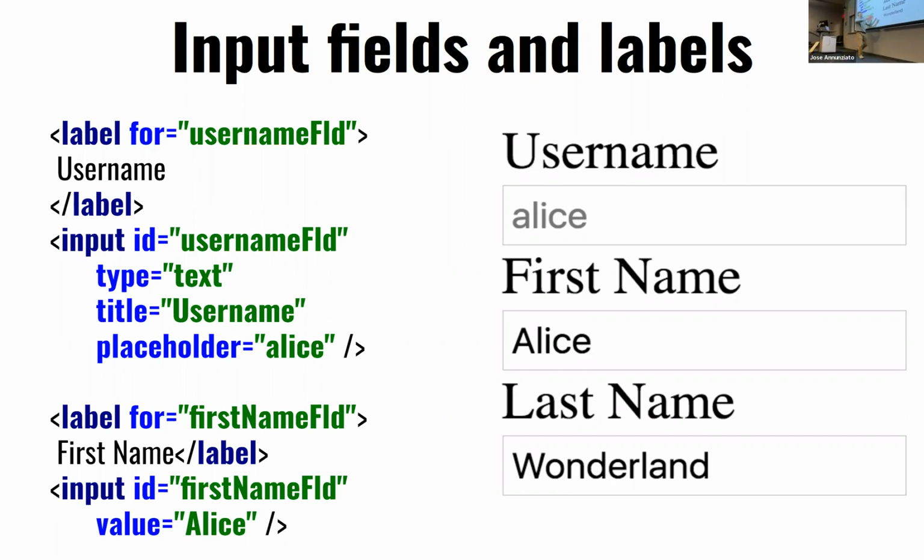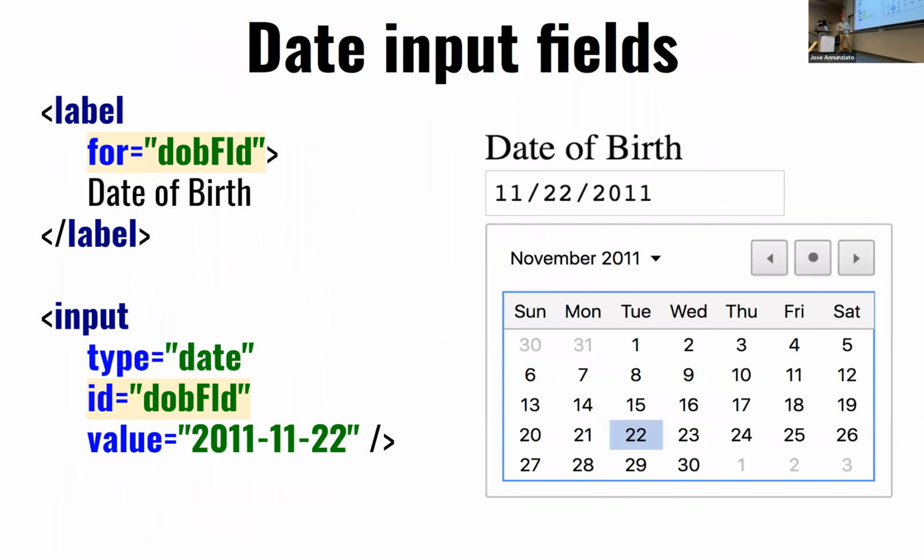It will render empty, with no value, just showing the empty cursor. But you can certainly put in some initial value. Here we're providing the initial value of the date.